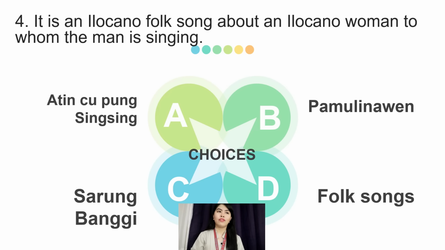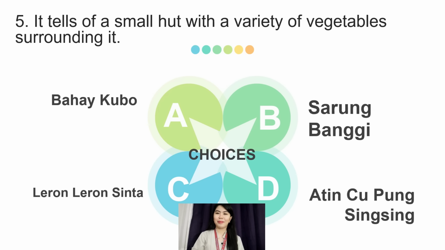It is an Ilocano folk song about an Ilocano woman to whom the man is singing. A. Atin ko pong singsing, B. Pamulinawen, C. Sarong banggi, and D. Folk songs. And number 5. It tells of a small hut with a variety of vegetables surrounding it. A. Bahay kubo, B. Sarong banggi, C. Leron-leron sinta, and D. Atin ko pong singsing.